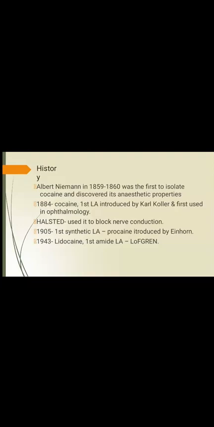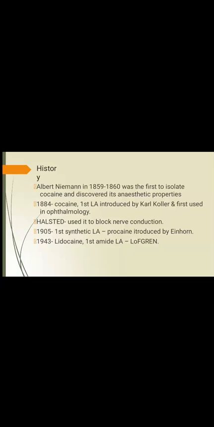We will move towards the history of local anesthetics, who worked prior to inventing the new generations of local anesthetics. Albert Niemann in 1859 to 1860 was the first to isolate cocaine and discover its anesthetic properties.